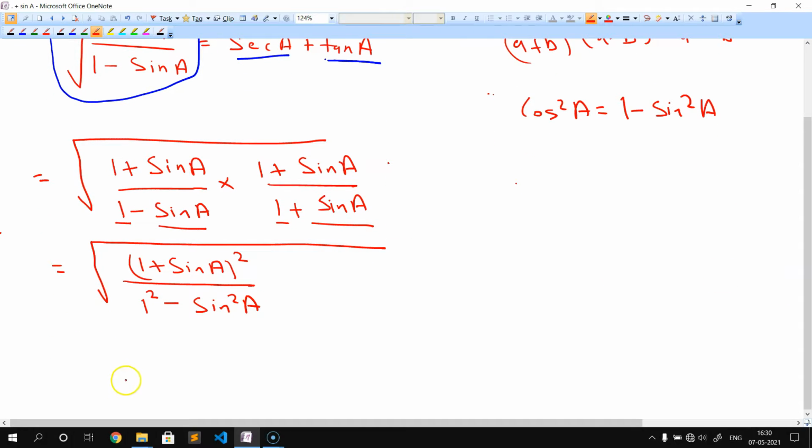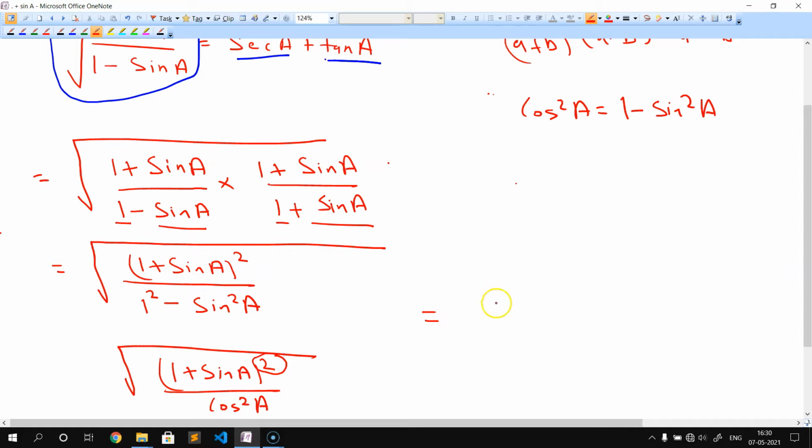So it will become under root (1 plus sin a) whole square upon cos square a. As you can see that here it's square, so it will come out of the root and become 1 plus sin a, and here it's cos square and it will come out as cos a only.